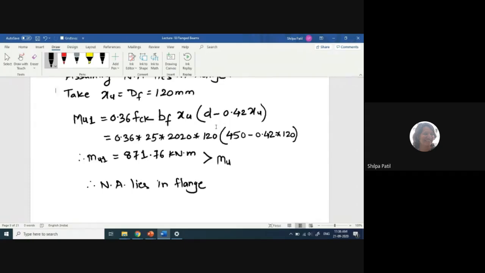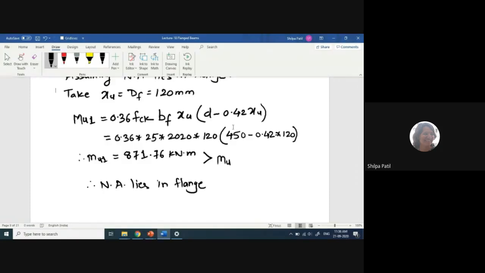So my suggestion in the examination, that suppose your MU1 is coming less than MU, better you increase the MU1 value by increasing either BF or D or both. Because you have to decide the size of the beam. Now suppose practically there are restrictions for increasing these BF and D values, as we see in the case of a doubly reinforced section.